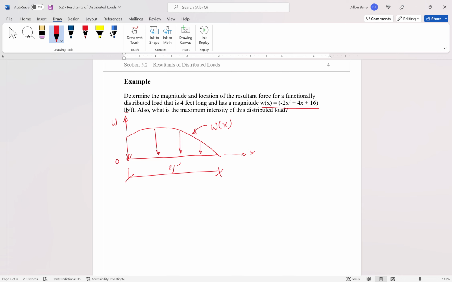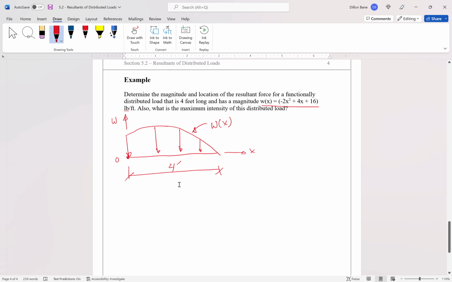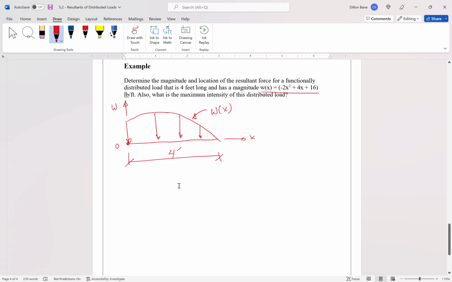What I want to know is, how do I replace this functional load with a single point load, and where do I need to put that single point load so that it has the same effect as the distributed load, right? So let's just do it. And there's nothing different on this problem than we have done in any of the other ones. We just have numbers this time instead of variables. Okay, so magnitude of FR, again, it's just the area under the curve.